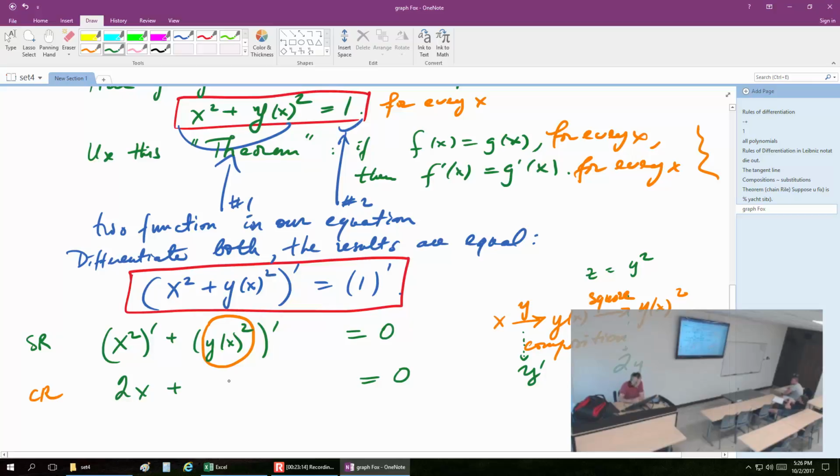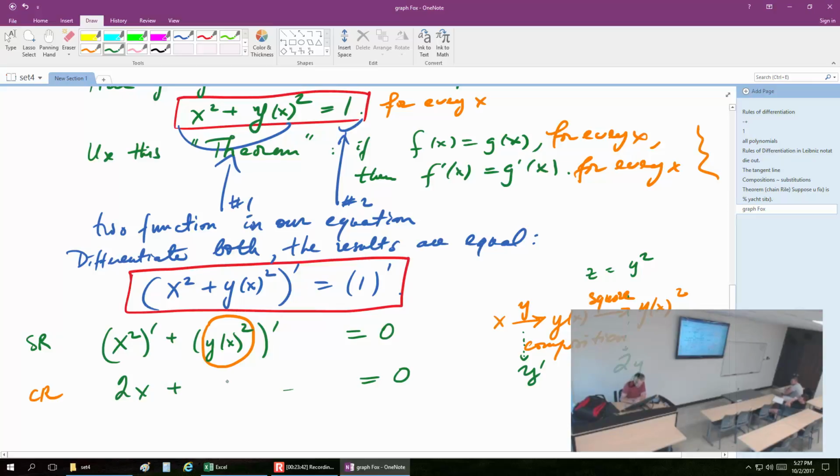So what do I write here then? 2y. What do I write here? By the chain rule, we have the two derivatives, so what do I have? Y prime over 2y?